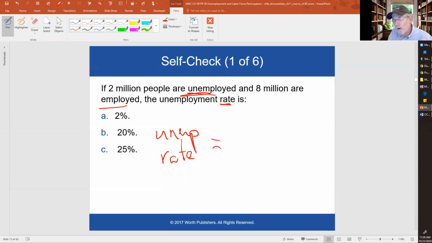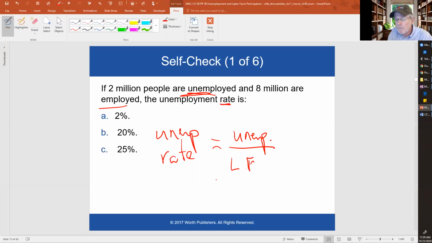And we know, I would encourage you on your blank piece of paper, anytime you have a calculation to do, don't just jump into the calculation. You want to write down the equation and then plug the numbers into that equation. So this is going to be the number of unemployed workers over the labor force.